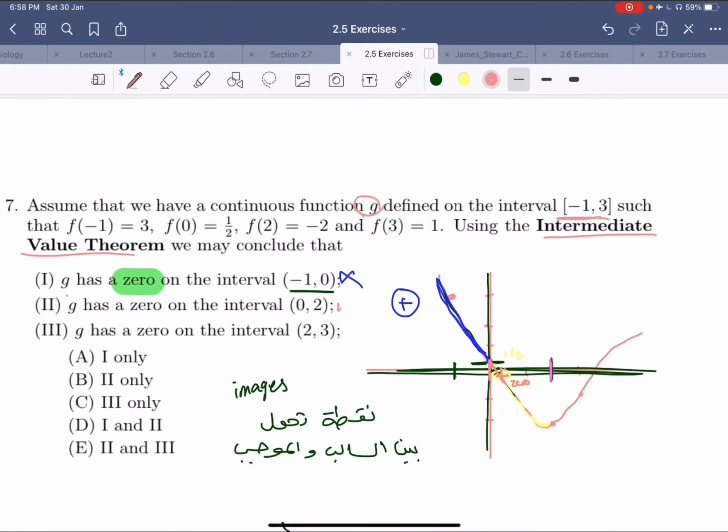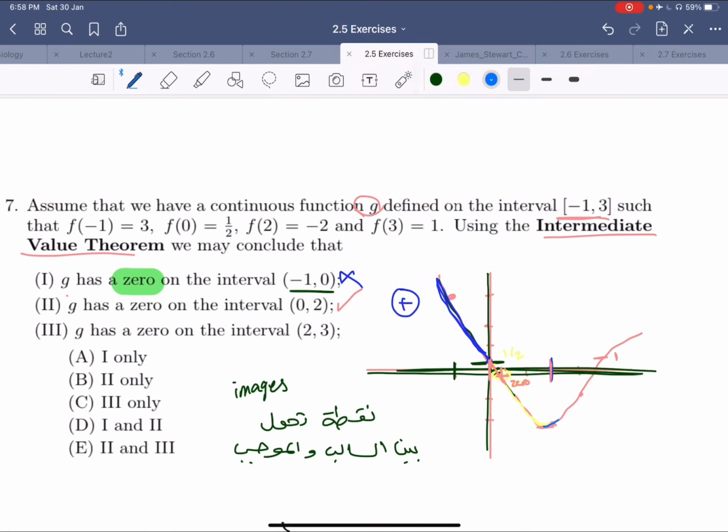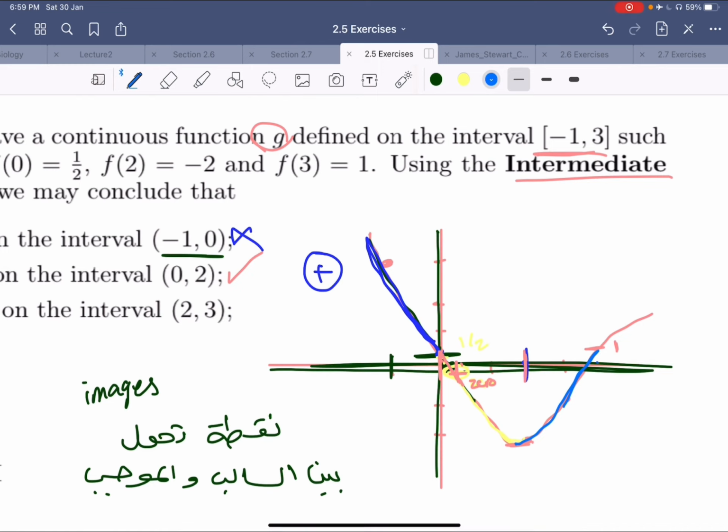So هذا صح. بينما from 2 to 3 هلا 3 عنا إياها 1، تمام، هاي 3 عنا إياها 1 و 2 عنا إياها negative 2. ففي عنا بين ال 2 وطلعنا هيك لعند ال 3 في 1 place إحنا we passed through the x-axis.